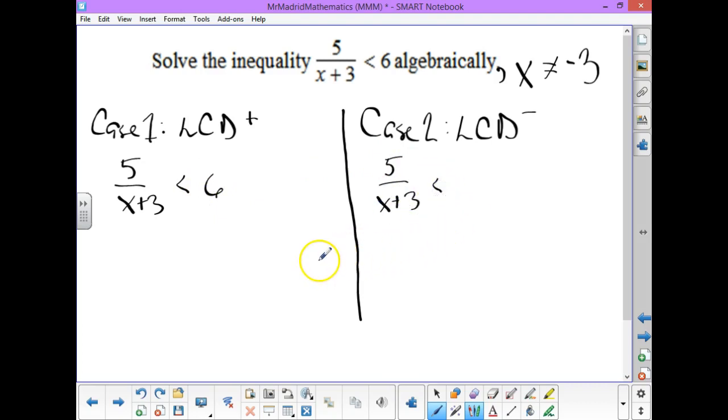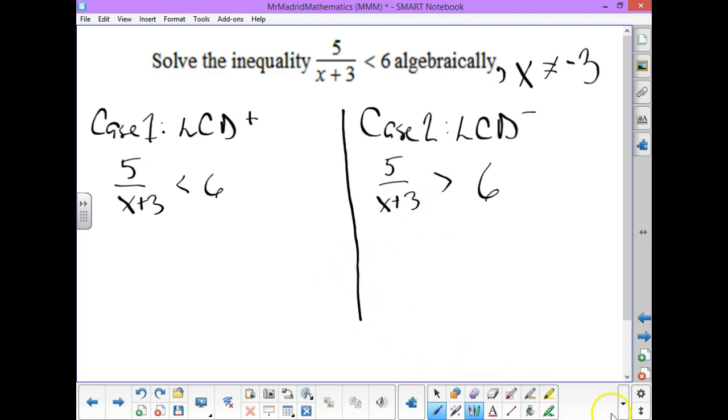One thing you want to notice is that the sign changed. It has the same effect as if you were dividing by a negative, or multiplying by a negative. The sign would change.